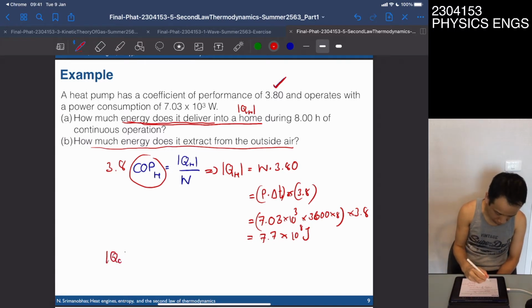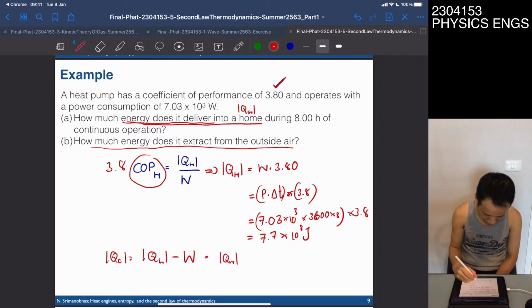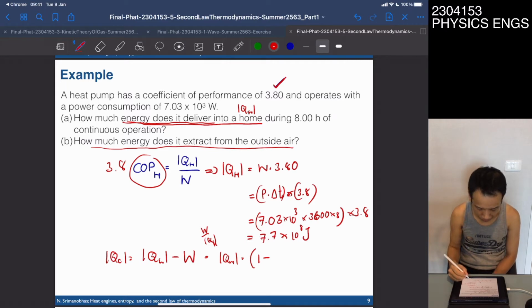The cold side is basically QH minus W. So you take QH out, so it's going to be 1 minus W divided by QH, and W divided by QH is 1 over COP.